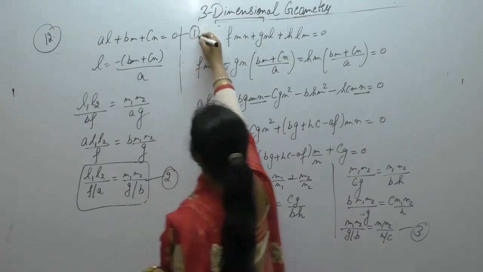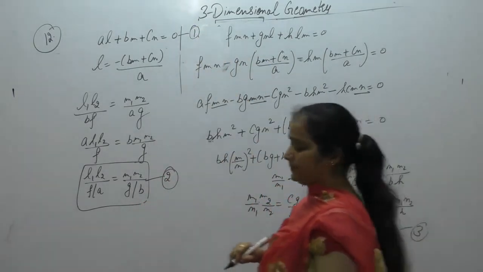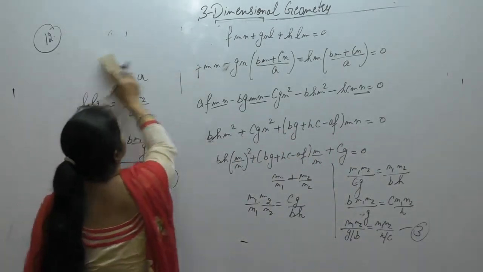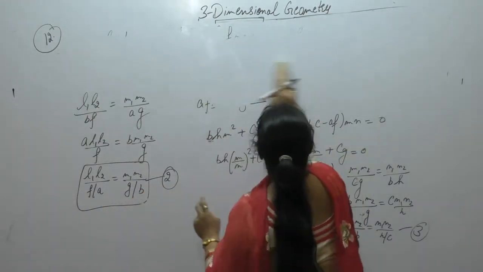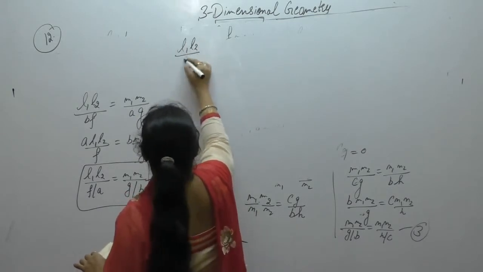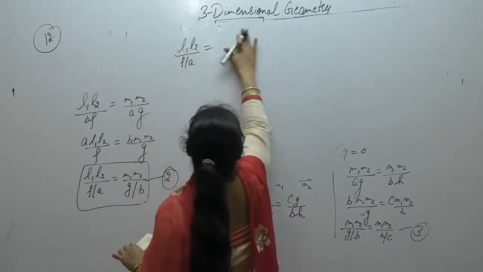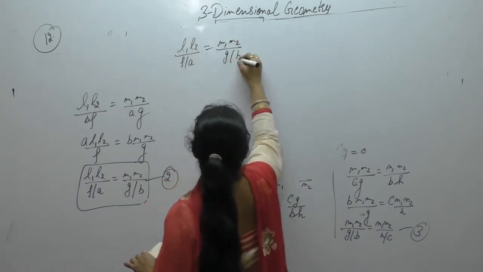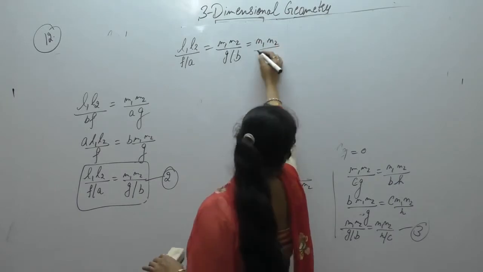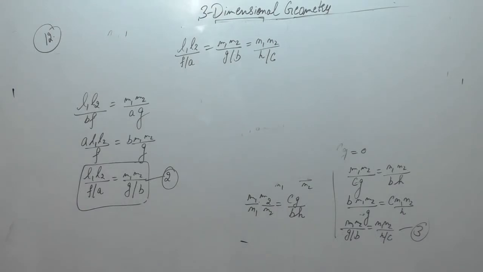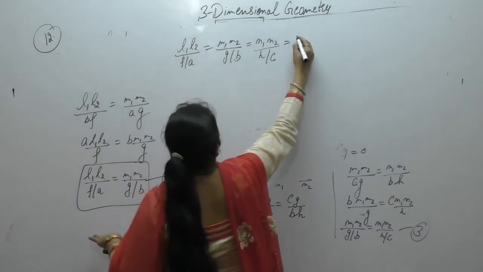This was 1. Now from 2 and 3, what we found from 2 and 3? L1 L2 upon f upon a is equals to m1 m2 upon g upon b, n1 n2 upon h upon c, is equals to lambda say.